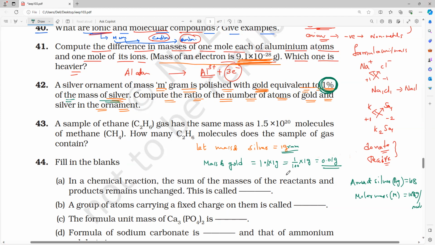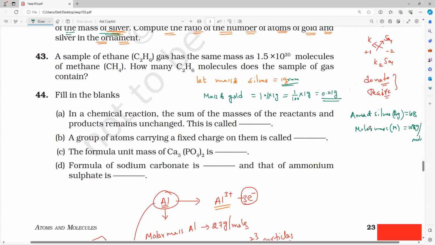Next. If I take 108 grams of silver, it contains how many particles? We all know molar mass equals Avogadro number. So number of atoms of silver in 108 grams of silver, how many?